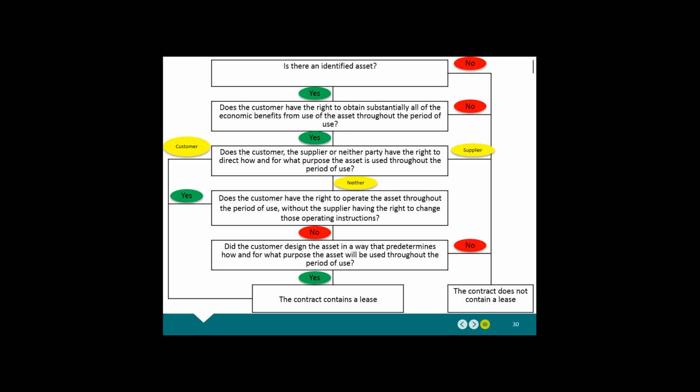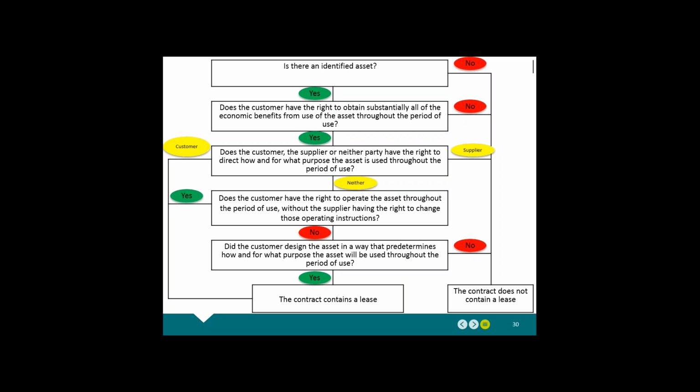So is the customer going to obtain the benefits from this asset for the period that they're using this asset? If you say no, then it's not a lease. If you say yes, you live to answer another question.